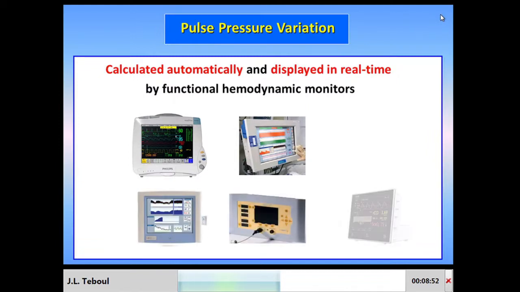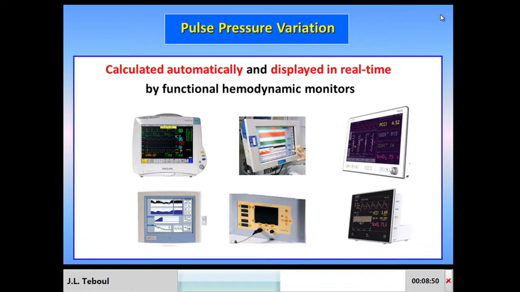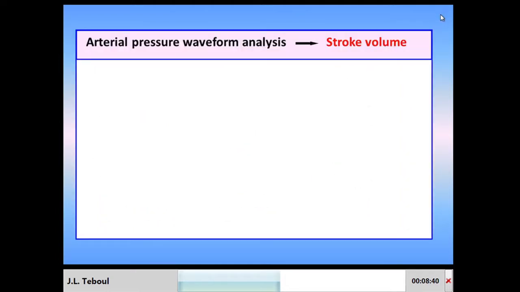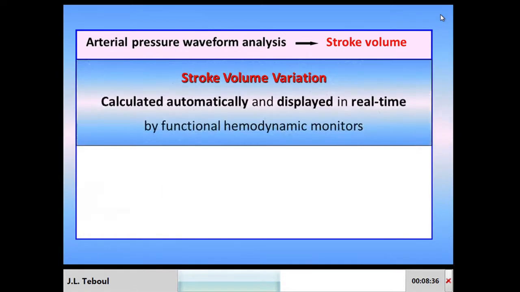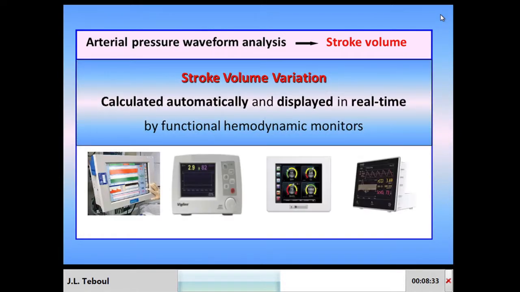And now it's possible to use PPV very easily because it is incorporated in some monitors. Also, it's possible to use SVV, stroke volume variation, and this is also incorporated in some monitors.